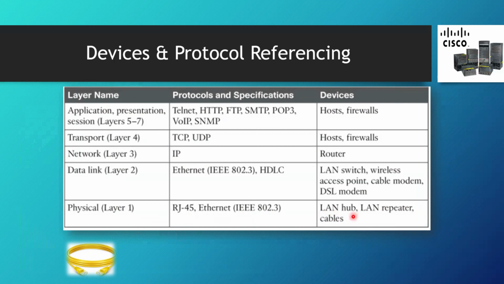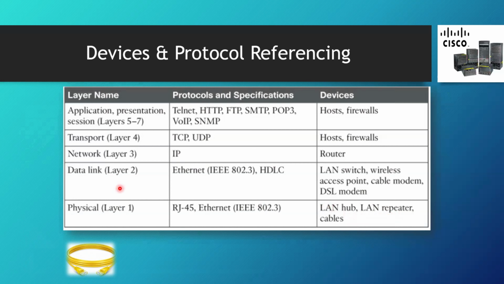Hub is one of the old devices similar to a switch, but we are not using hubs much these days. Hub is a layer 1 device because it doesn't have smart capabilities. That's why we call it a hub. Hub is similar to a kind of connector. Then we have repeaters, then we have cables. All these components are part of our layer 1.